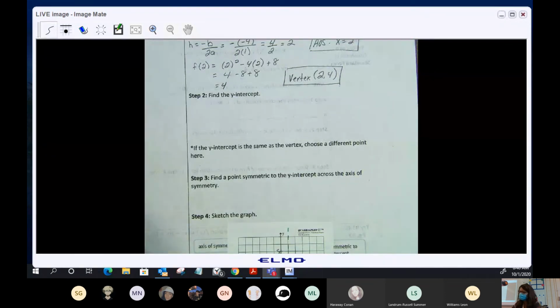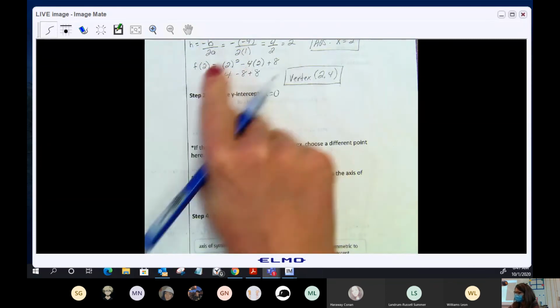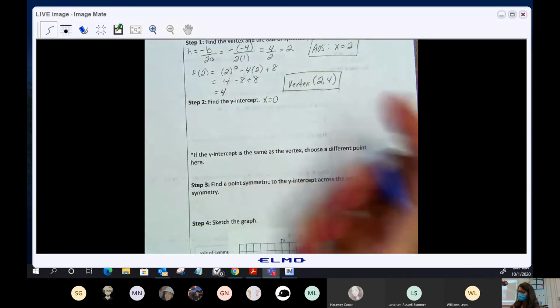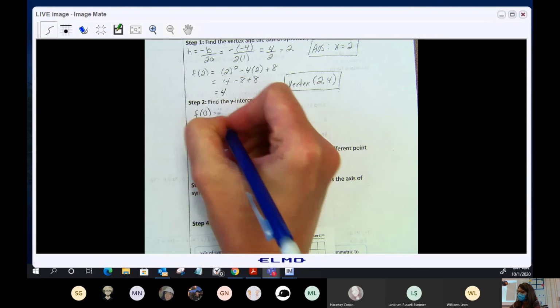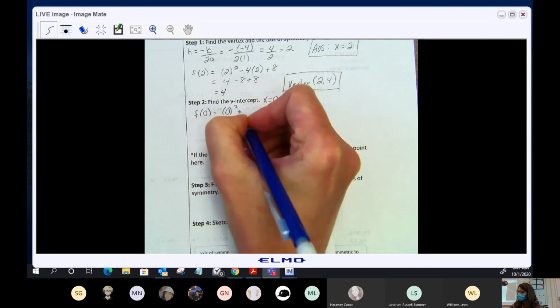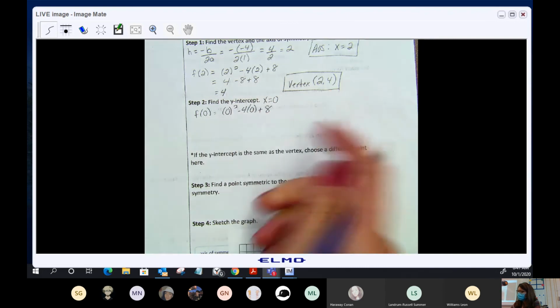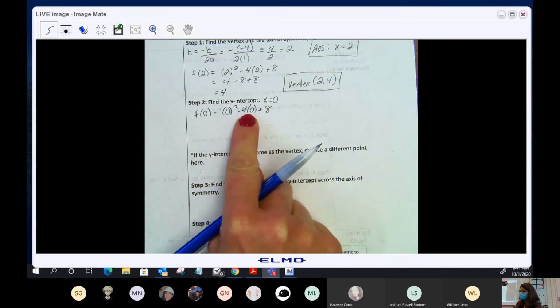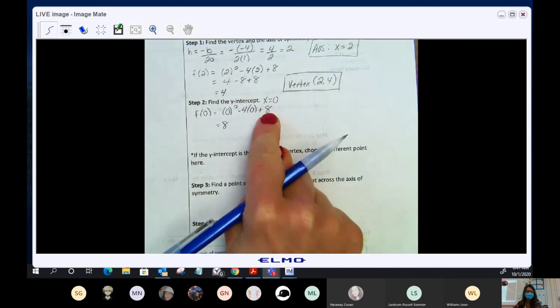And again, if we know an x value, we can pop that value back into the original function to get the corresponding y value out. So if we look at this as f of 0 equals 0 squared minus 4 times 0 plus 8. Well, notice when you do that, your square term goes away. Your middle term goes away. All you are left with is that c value.